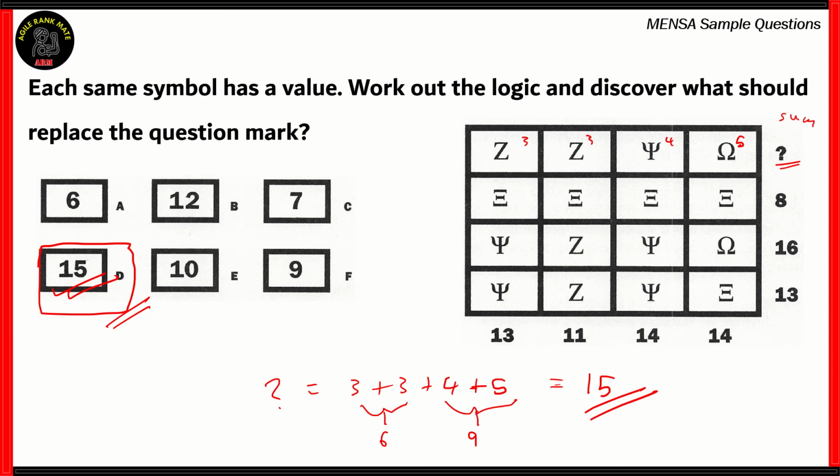So the idea is to use algebraic expressions in 2 variables, find out the variables, and then use the values of the variables to find out our answer. Now in this particular case, we had an expression with 1 variable which gave us the value of that variable. We substituted it in the other equations to get the values of all the other symbols. By doing that, we get 15, option D, as the answer that should replace the question mark.